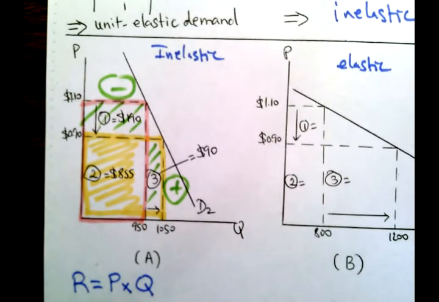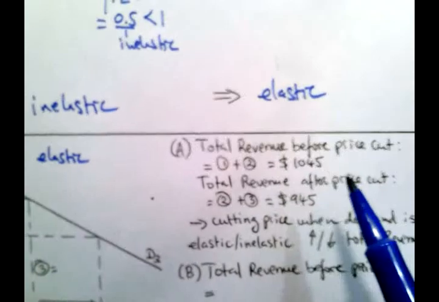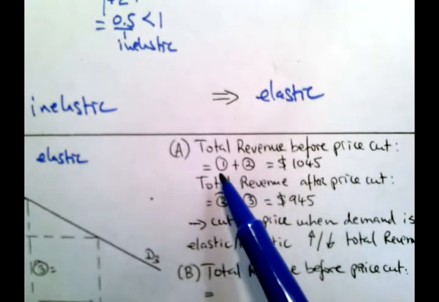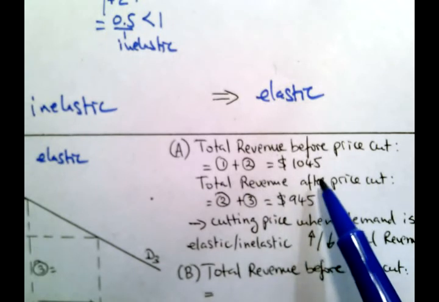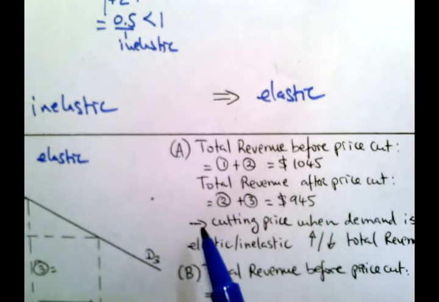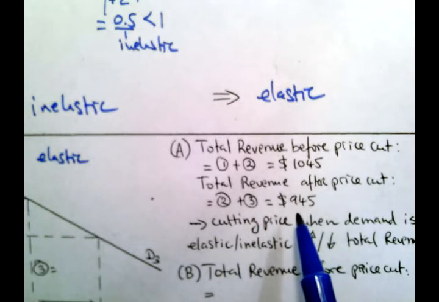So let's calculate total revenue before and after the price cut. So look at that graph and then move over here. Total revenue before the price cut was that big pink box, area 1 plus 2, that's 1045. After the price cut, you look at the big yellow box, it's area 2 and 3, and it's $945.